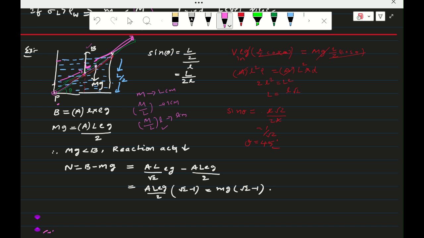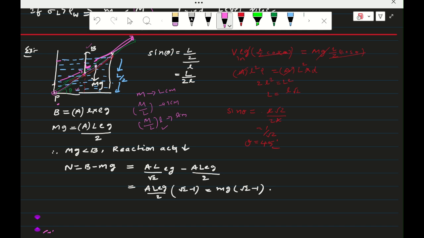Now, first of all, we will be asked to find out the length. Sometimes we will be given theta and asked to find out the length and buoyancy force or some other questions. So here only L by 2 is given, this length, how much the water level is filled, and theta is asked. First of all, theta is asked.